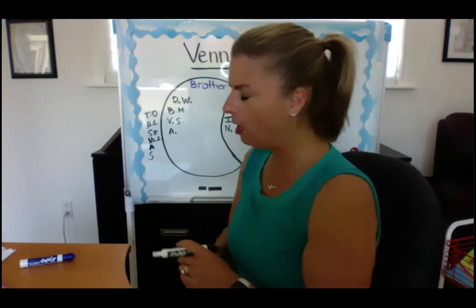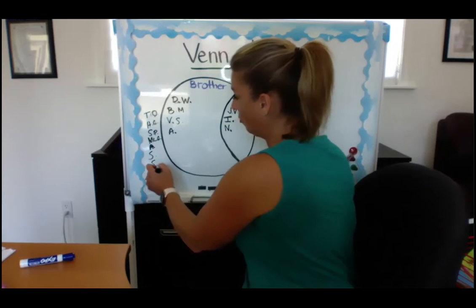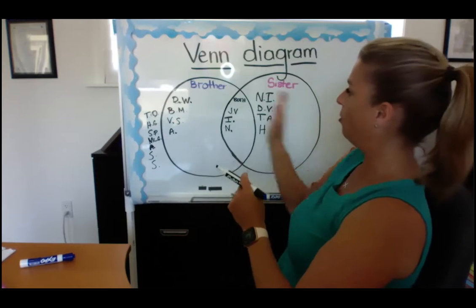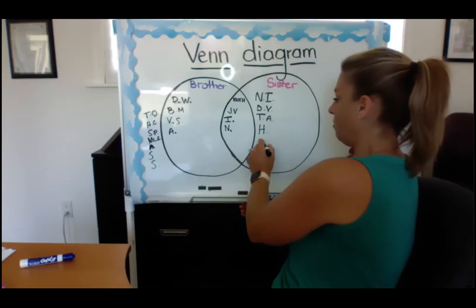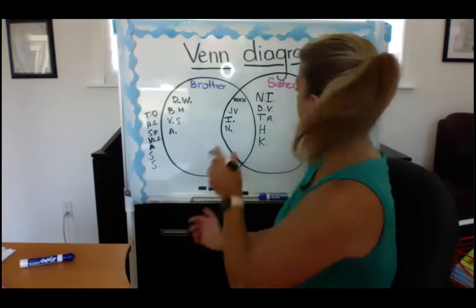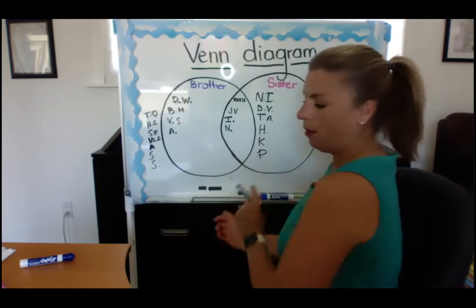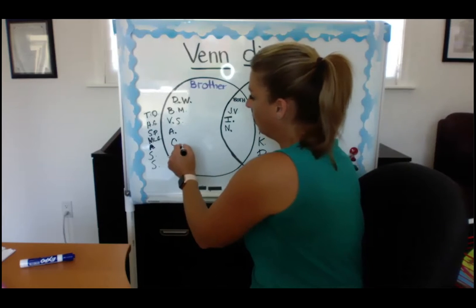Summer. Olivia, I don't believe that Olivia has a sister, so we aren't going to put her name on brother or sister or both. Katerina's got a sister, so Katerina. Patrick has a sister. And Charlie has a brother.